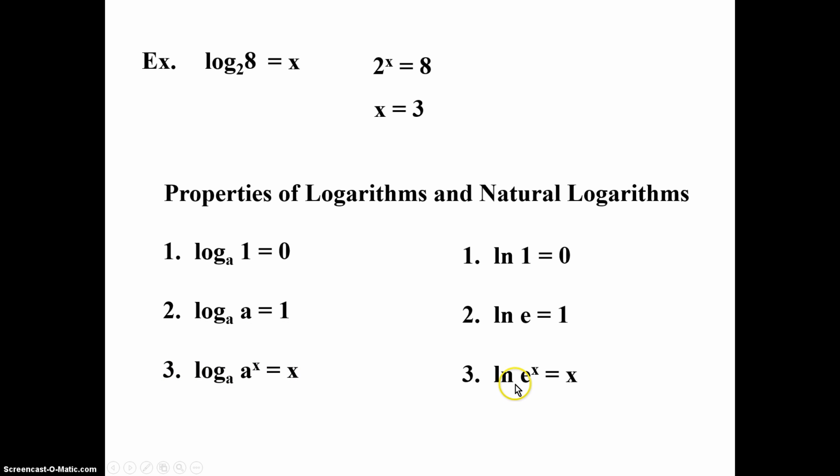Again, there's an understood e here, and it's as if that understood e with this e here cancels out with one another, leaving you with just the x as your answer. Make sure that you do remember these properties because you will use them very heavily for the next couple of weeks, in addition to calculus, no matter if you take it with me or if you go on and take it in college.